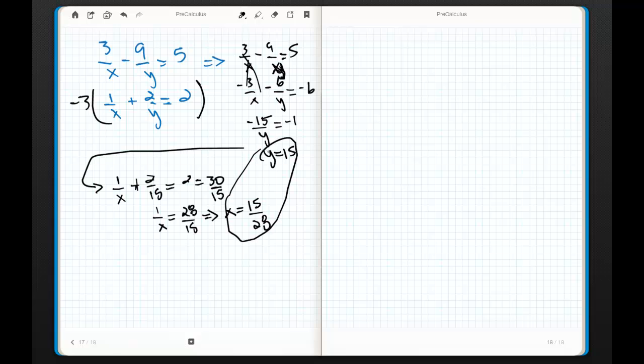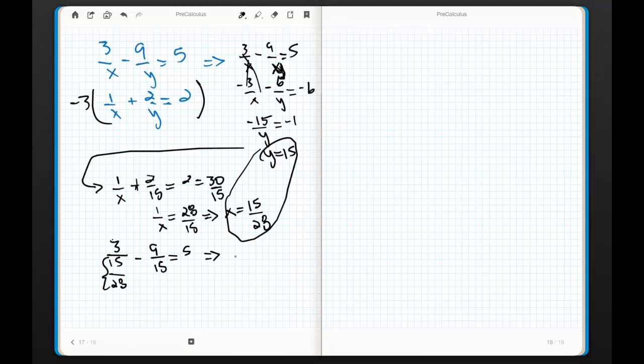And just like before, I can double check them. I can plug them in. If I need to check, let's just do that. I know you guys hate this. If I go 3 over 15 over 28, minus 9 over 15, is equal to 5. Well, watch what I'm going to do here. I'm going to do a trick. This is a fraction, and I'm dividing by it so I can take the reciprocal.